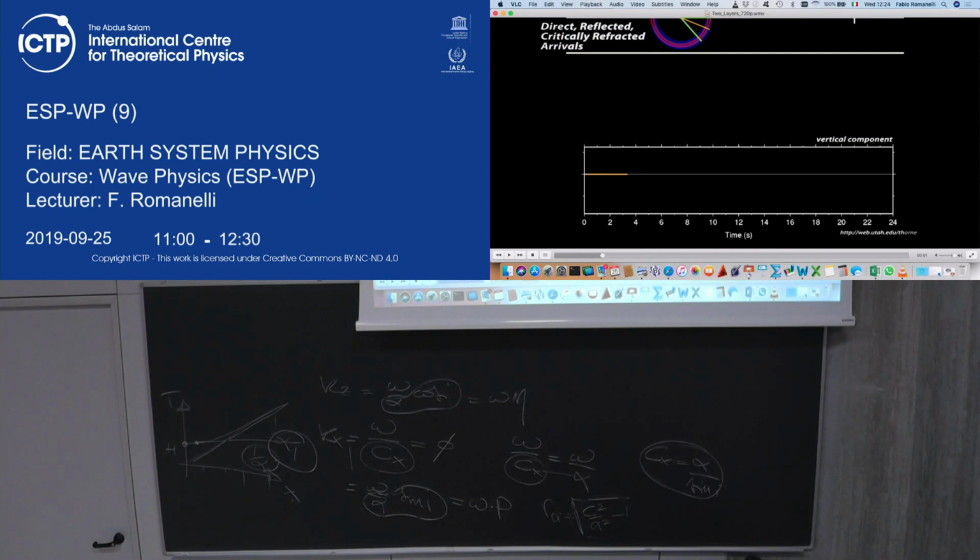Remember, from the source, wavefronts are going in all the directions. So you may imagine to have a set of rays at different angles. The direct will have an angle 0, okay? Or 90, depends. Then lower, lower, lower, vertical. They're going in all the directions. These are the wavefronts. Let's give a look.